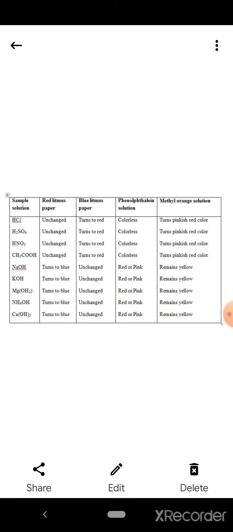And when we consider methyl orange solution, they remain yellow. You can also note this observation in table 2.1 which is given in your textbook on page number 18.